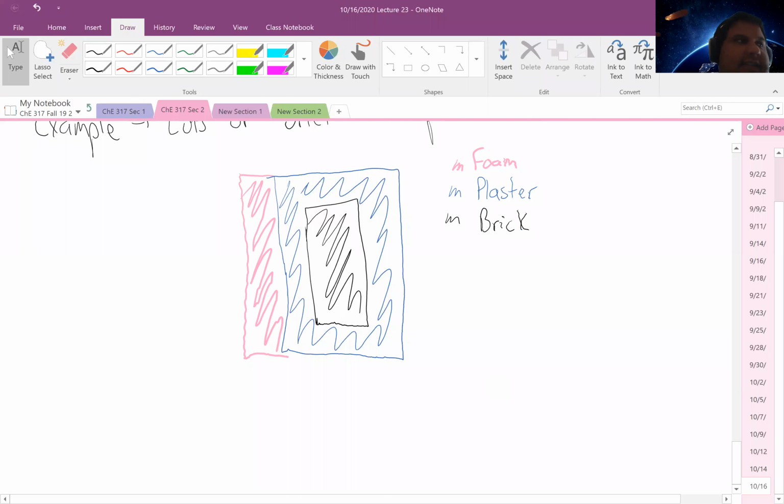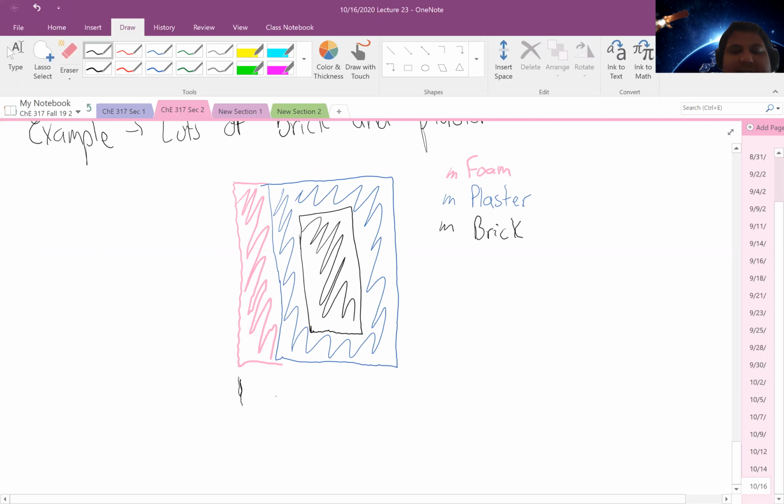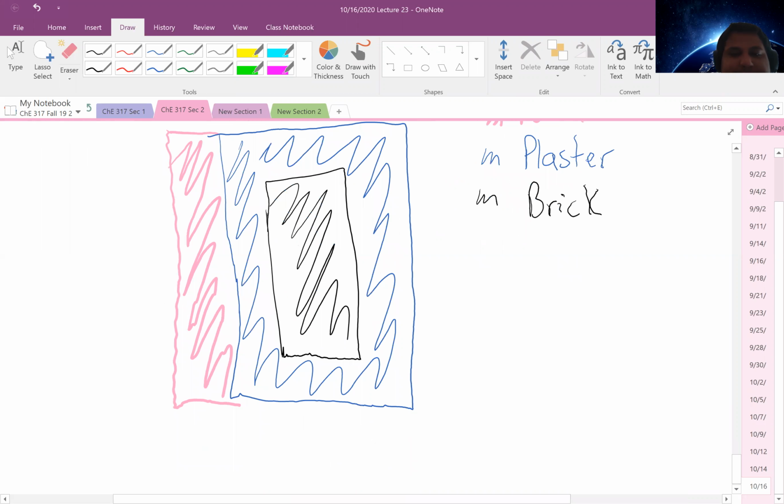In terms of the dimensions, we can state that the foam layer is approximately 3 centimeters. The plaster layers between the foam and the brick are about 2 centimeters. Here, I'll zoom in and make this a little neater.